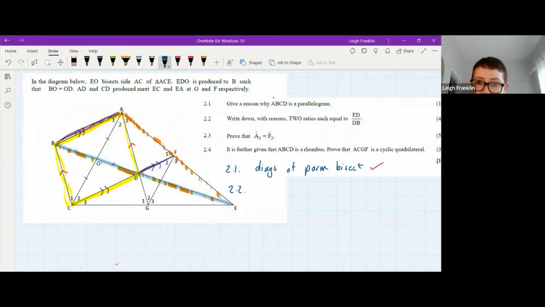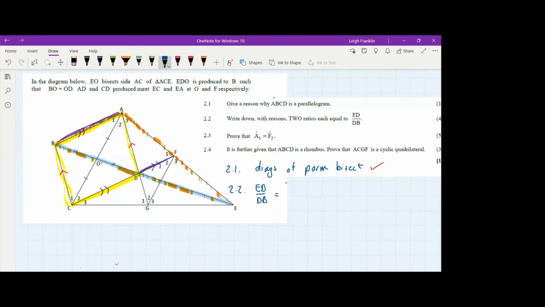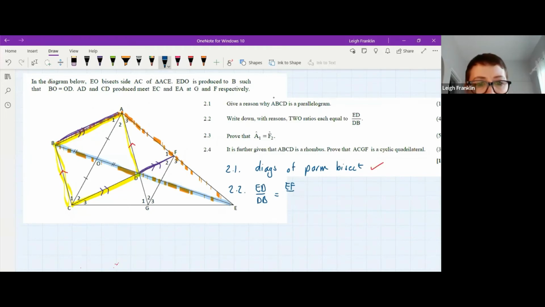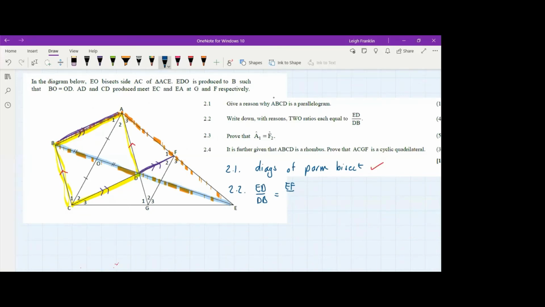When we get there, I want you to tell me which side. If we look in the orange-purple triangle, we would say that ED over DB is equal to what, Matrix? FE over AF, or FA. Lovely.